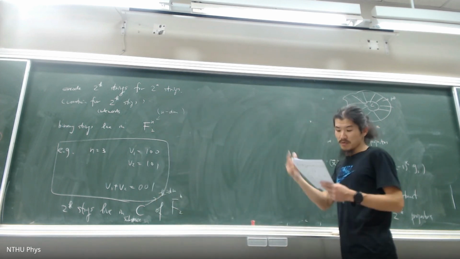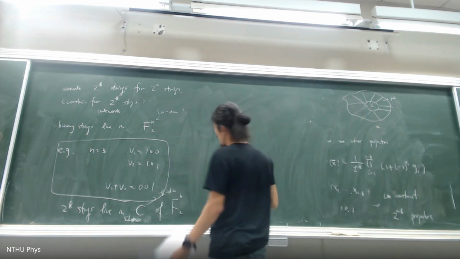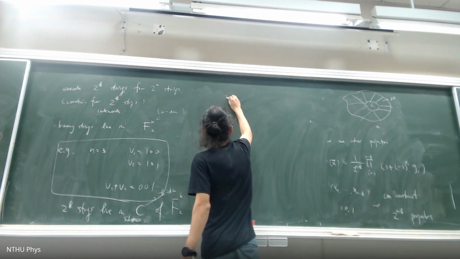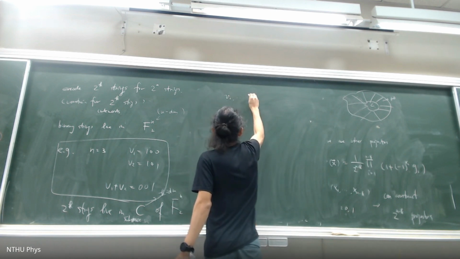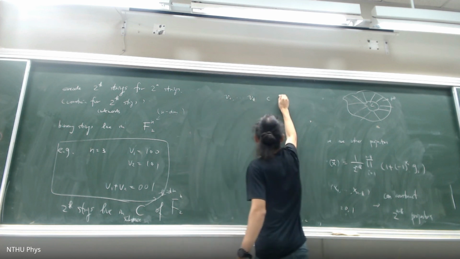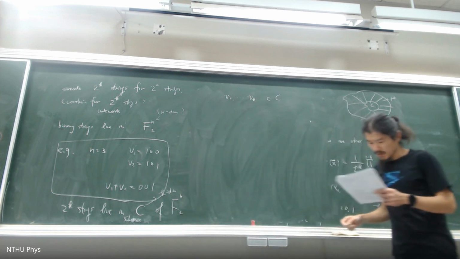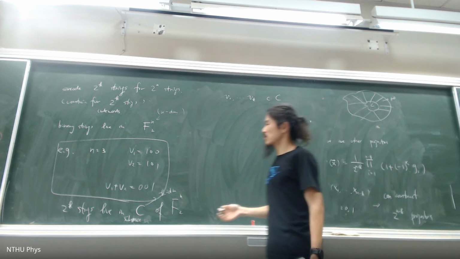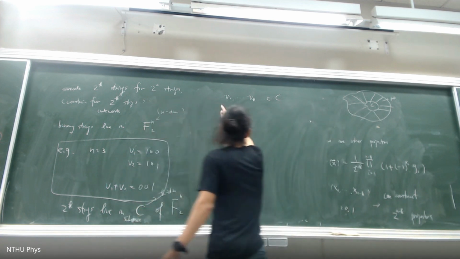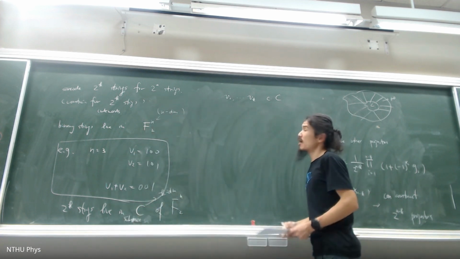So I can have k vectors denoted by B1 up to Bk. Okay, so I can construct a general code word from superposition of B1 up to Bk, right?